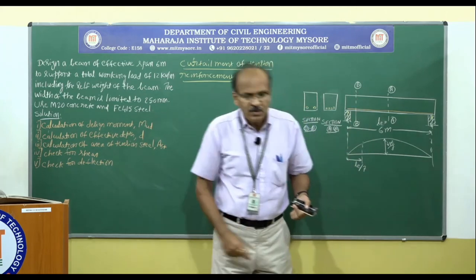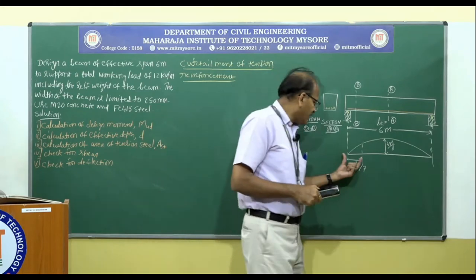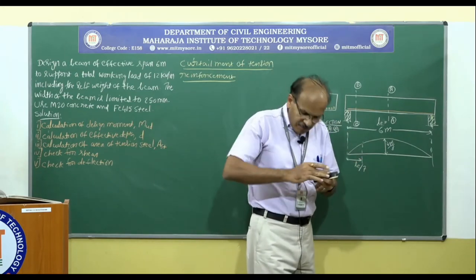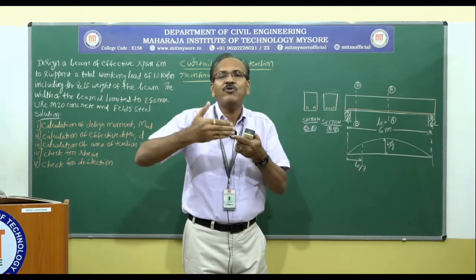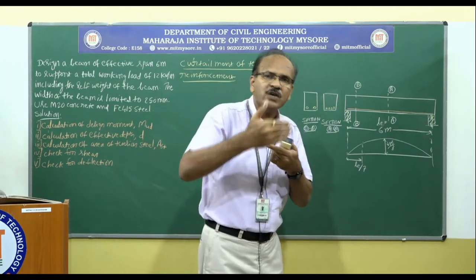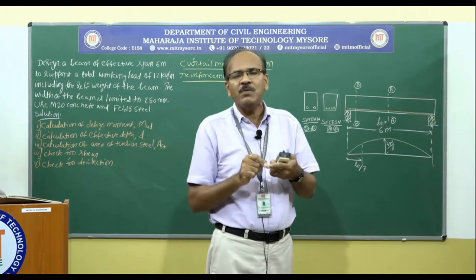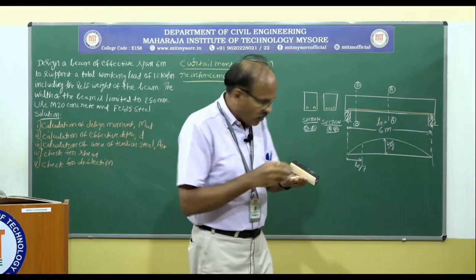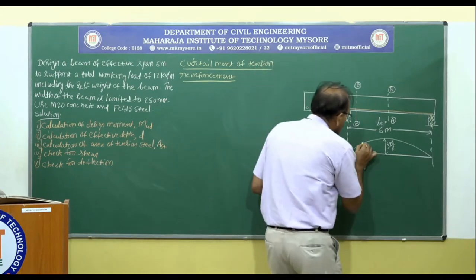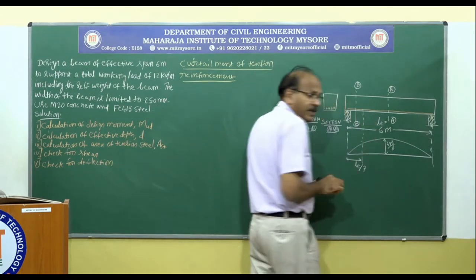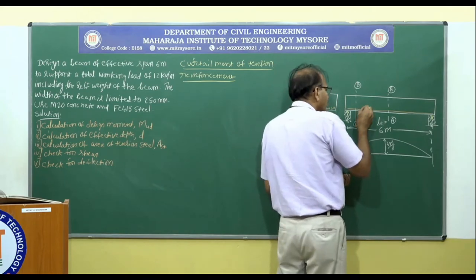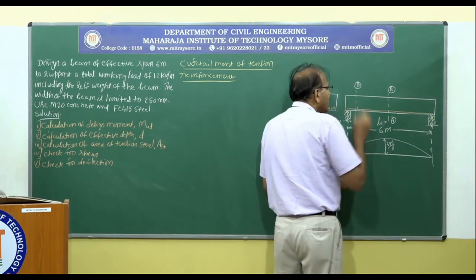But the code says we should not cut the bars at the theoretical cutoff point. From the theoretical cutoff point, we have to extend the bar for a distance equal to 12 times the diameter of the bar or 1 effective depth, whichever is greater. So we are not going to cut the bar at this point. Instead, we are going to extend it for a certain distance, and there we are going to cut.